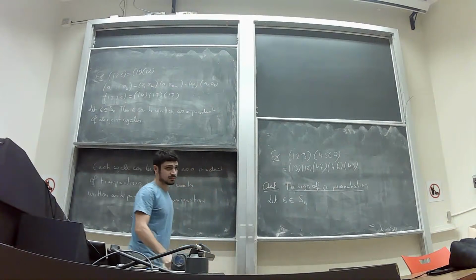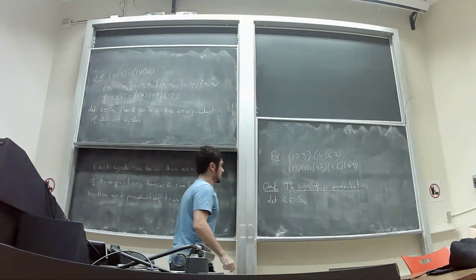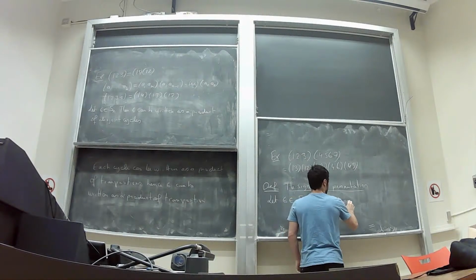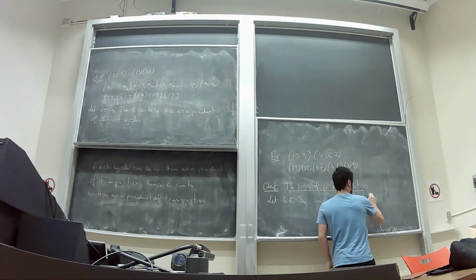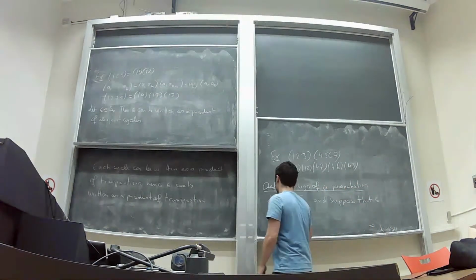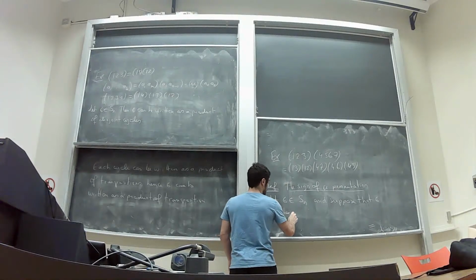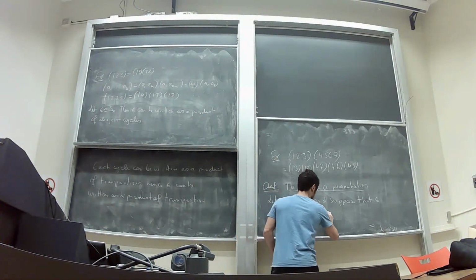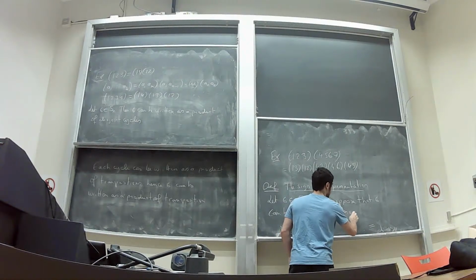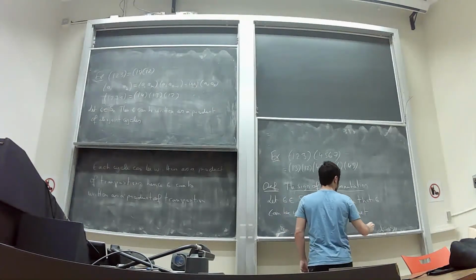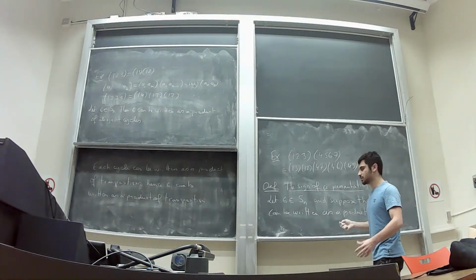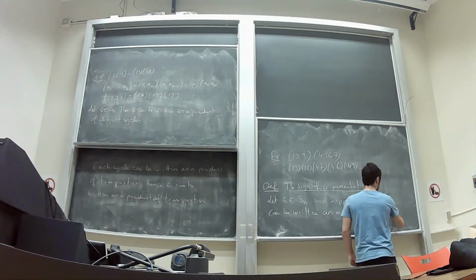Let sigma be in Sn, and suppose that sigma can be written as a product of k transpositions.